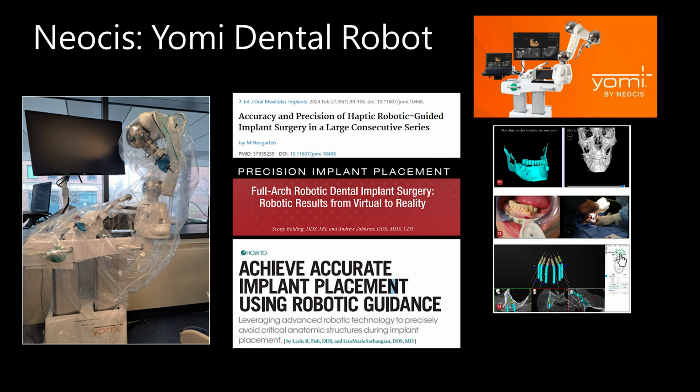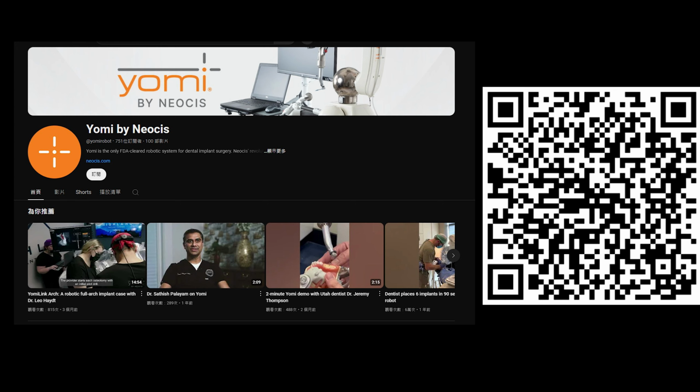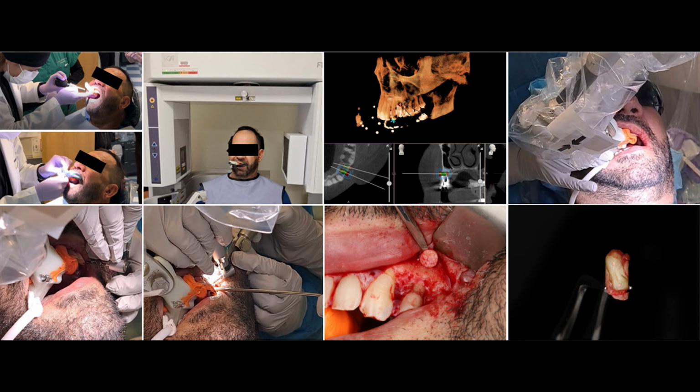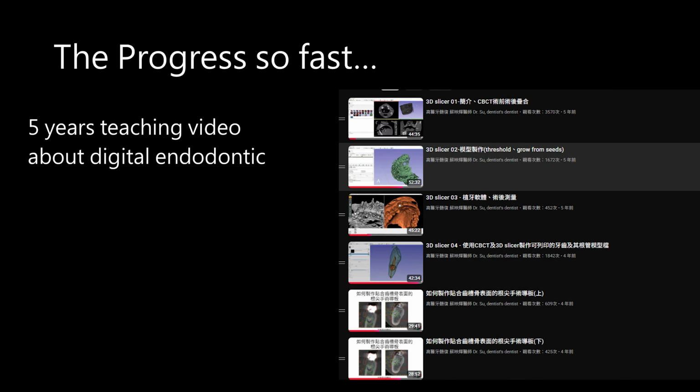Maybe some Americans know the Yomi robot. They also use the trephine bur to remove the bone plate and impose the two segments. And here is their material, and I don't do this.